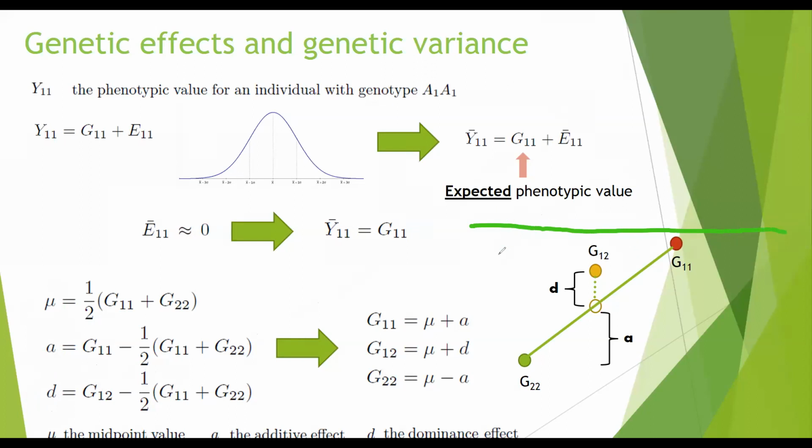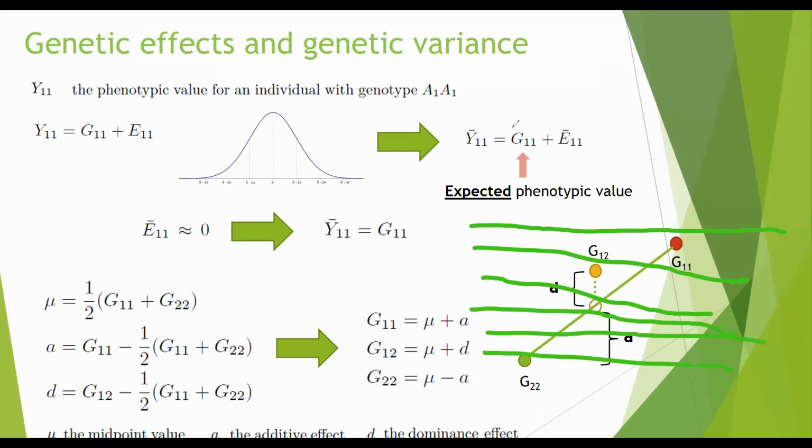GWAS means if you have a population, either a breeding population like the backcross or F2 population, or even a natural collection, for example a human population, once you collect the genomic data and the phenotypic data, this is the genome for each individual, and we have a lot of SNPs, DNA variants, along the genome. For example, here, here, here, and here.